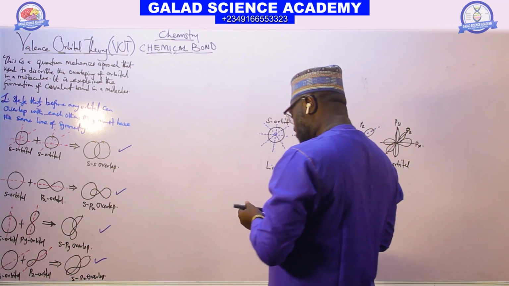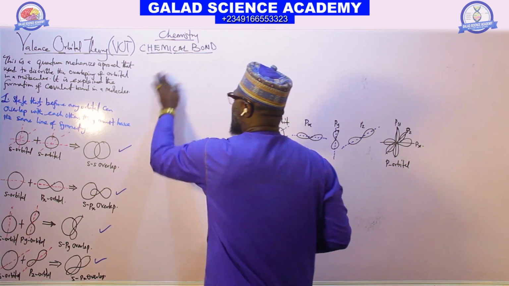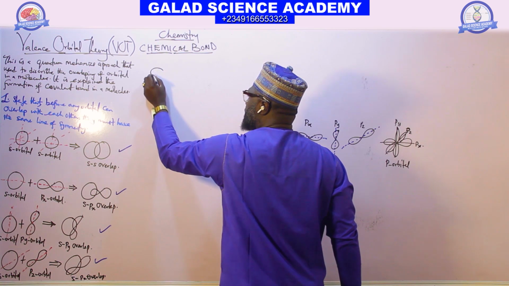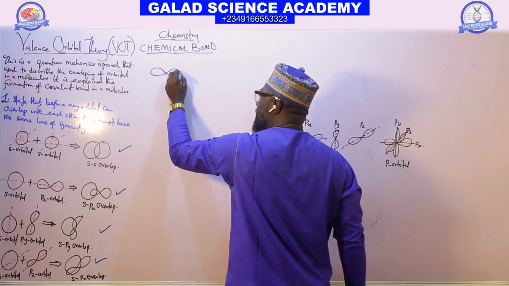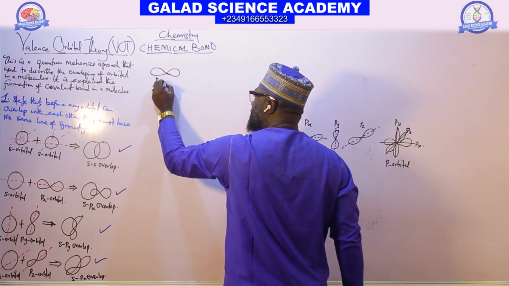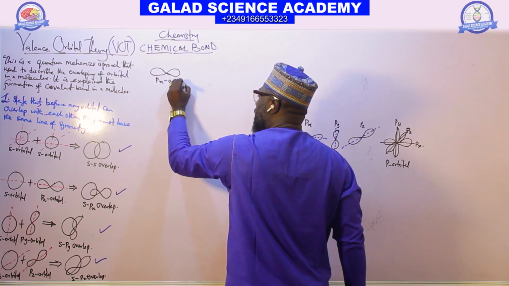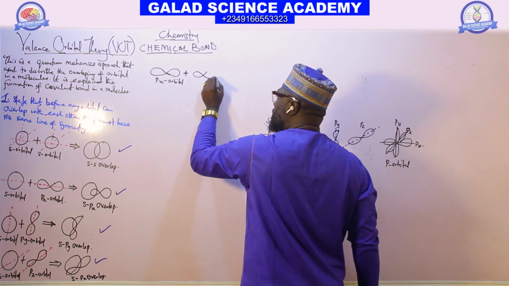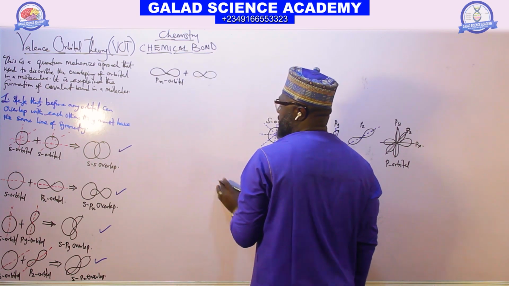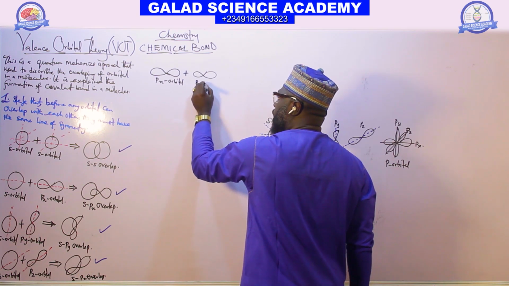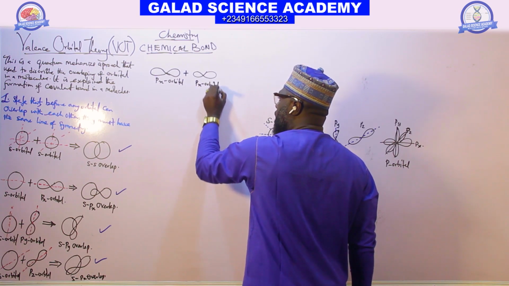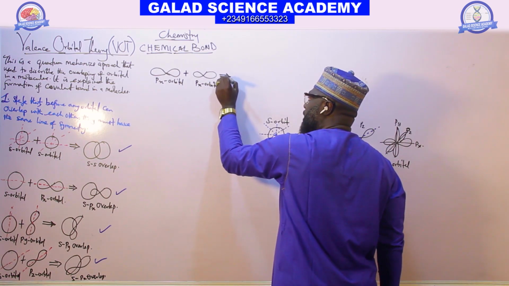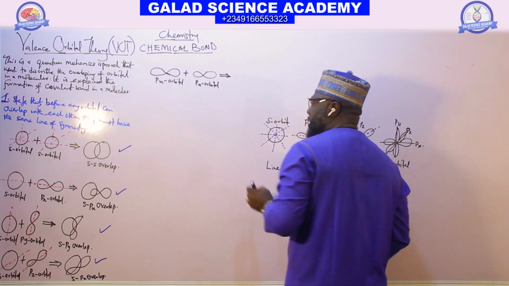And we can also have Px orbital plus another Px orbital. This overlapping can also exist.